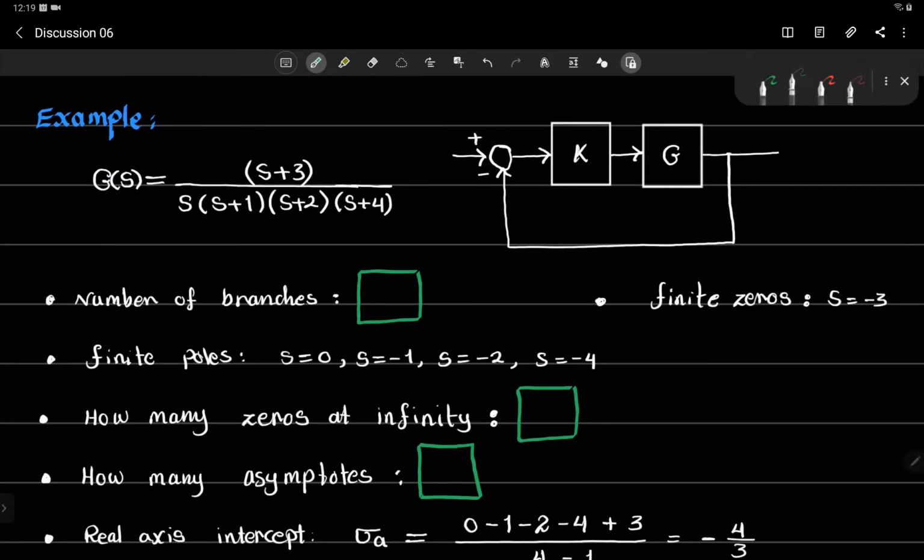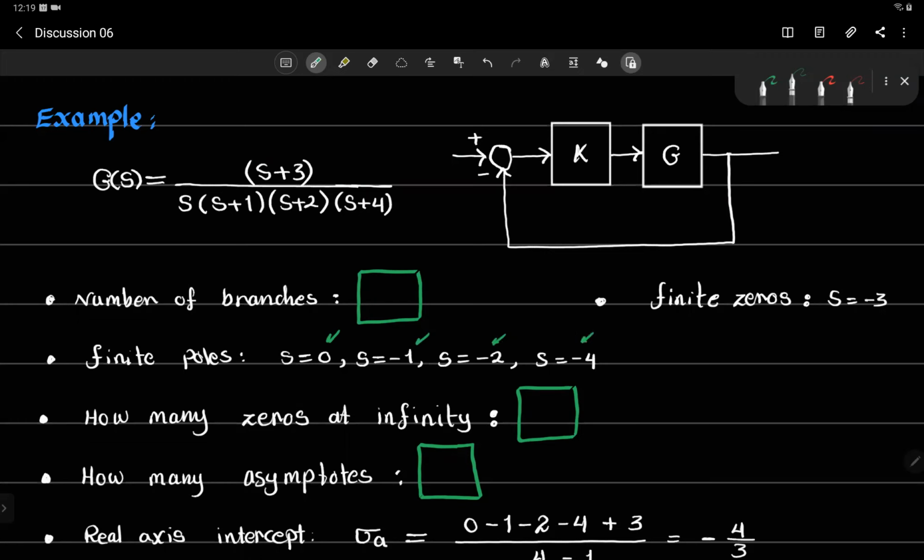Now, we look at this transfer function G of s. It's equal to s plus 3 divided by s times s plus 1 times s plus 2 times s plus 4. Okay, so we have 4 poles: a pole at 0, a pole at -1, a pole at -2, and a pole at -4.